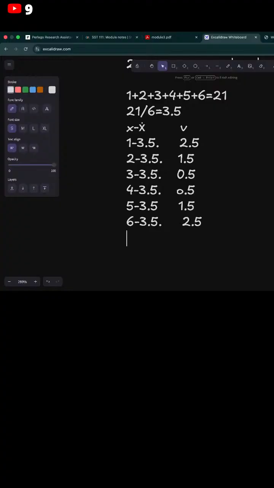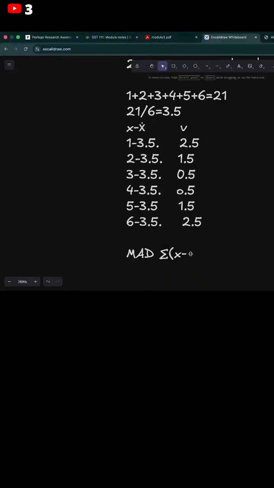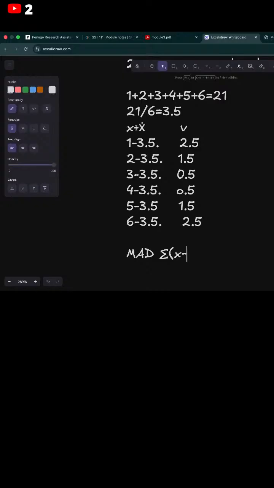So the formula for calculating mean deviation, we write it as the summation of the absolute value of x minus x bar, divided by n.